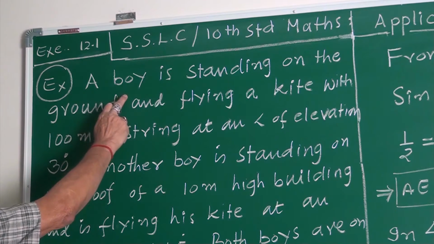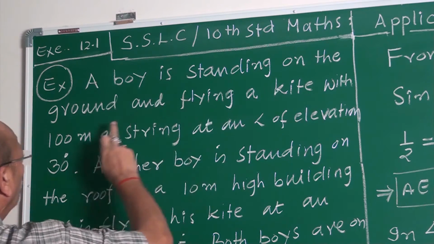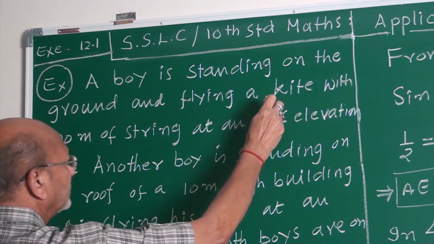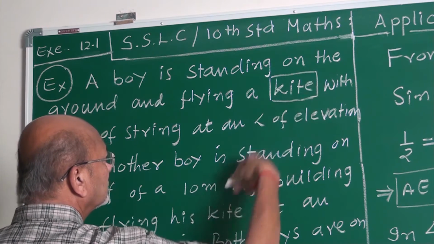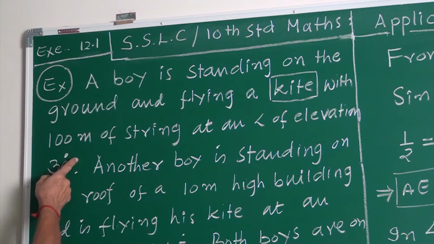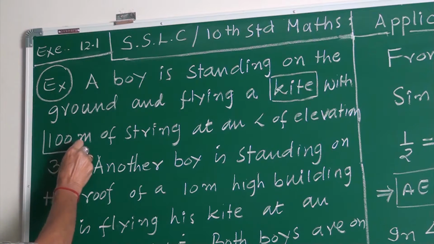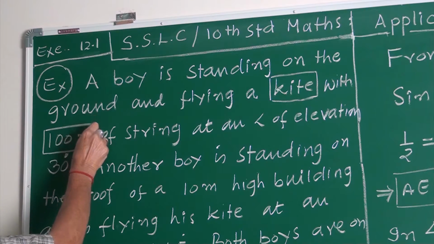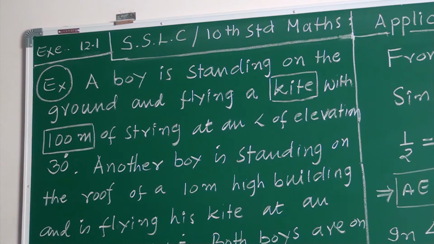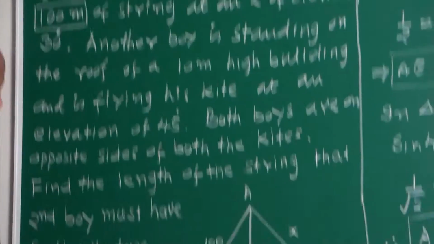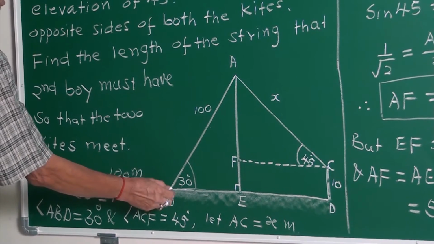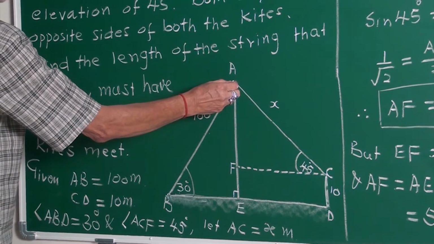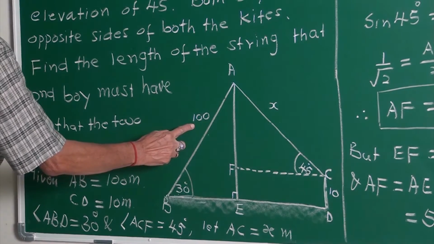A boy is standing on the ground and flying a kite with a 100-meter string. If the first friend is on the ground at point B, flying a kite, the length of the string is 100.